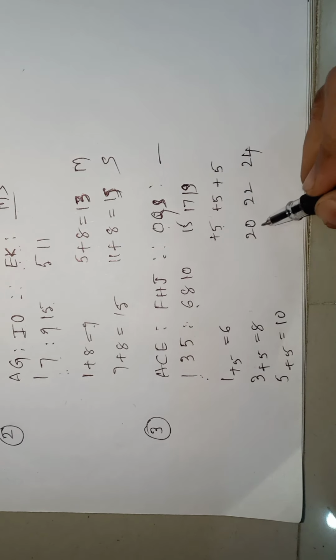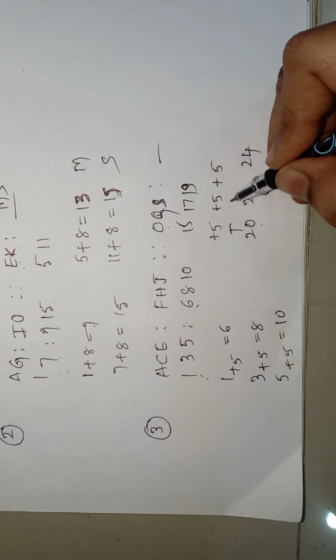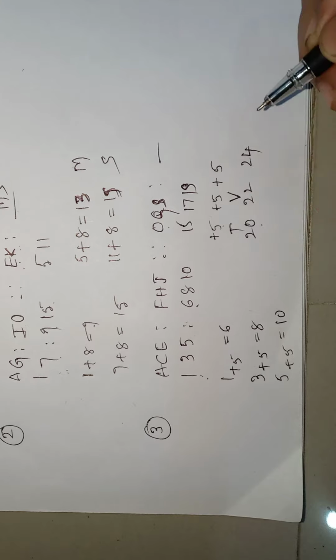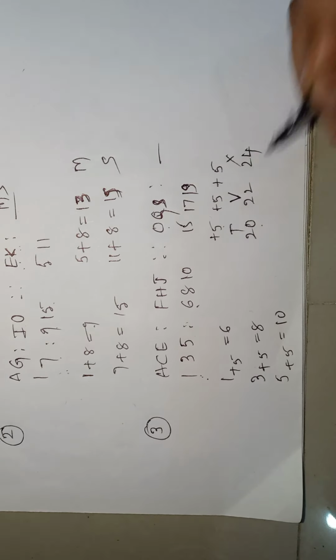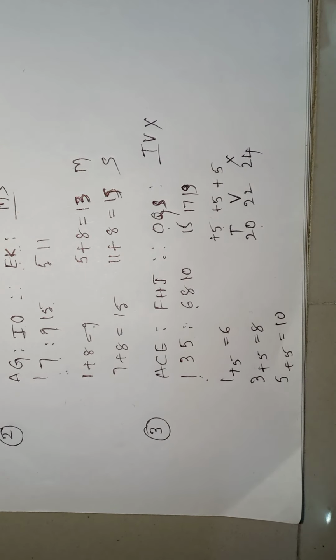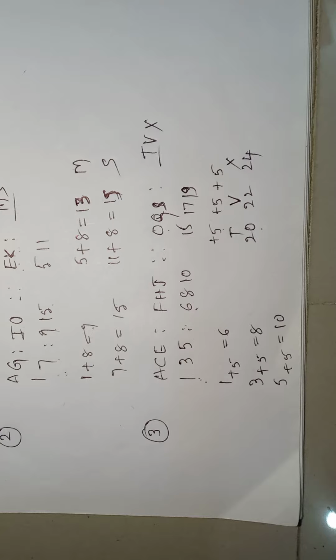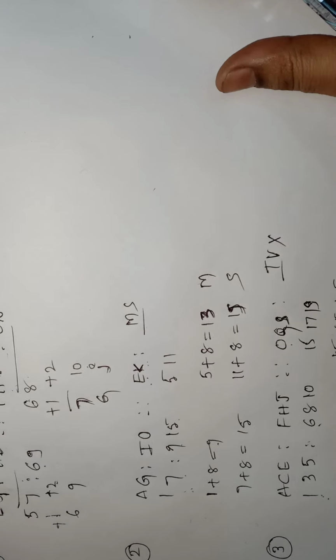Now 20 is the letter T, 22 is V, and 24 is X. TVX is the answer. Okay, fine. So the answer is TVX.